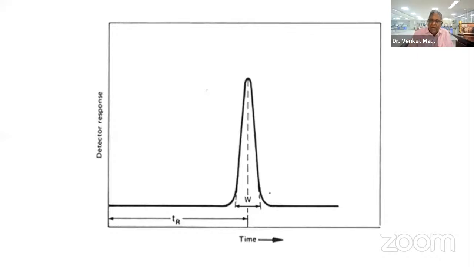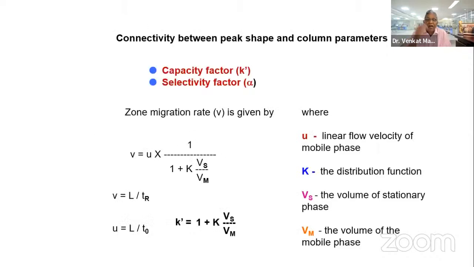Now, how best can you get this ideal chromatogram? That's what you should do. You have to choose the column. It is very difficult to get. Can I get this? It's very difficult. But can I come very close to this? The answer is yes. How close can I come to this? For that, you should know the column very well.